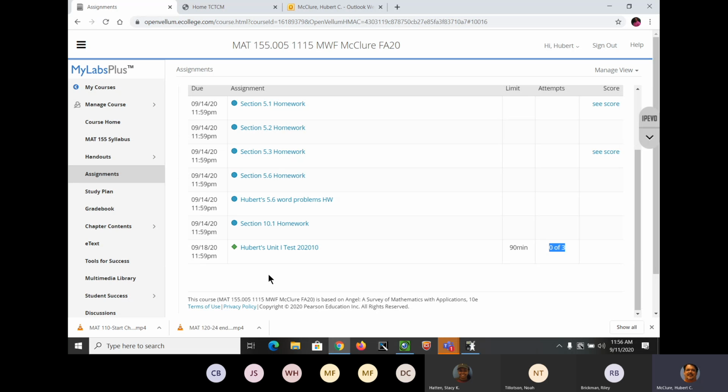MyLabs Plus will take the highest of the 3. And your homework ends on the 14th at midnight. Y'all are so surprised you don't know what to say. MyLabs Plus has the dates on there. I'm going to click on it so it'll show you what will happen.